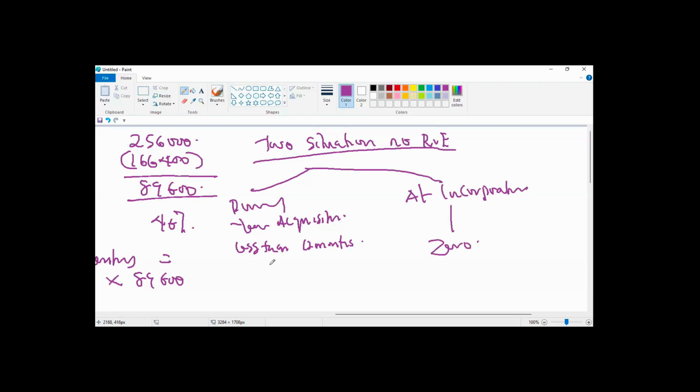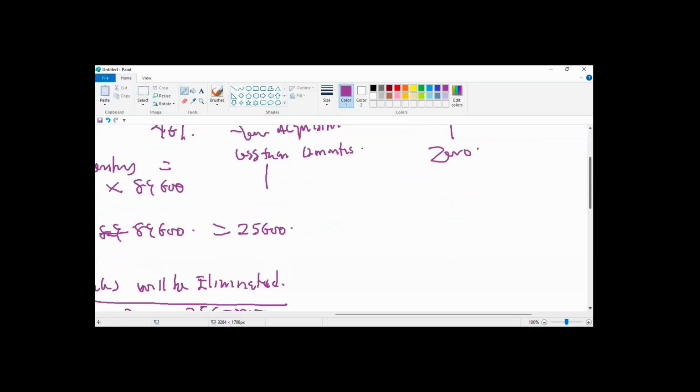So how do I get the retained earnings at the date of acquisition? I have 2 options. It's either apply the formula method. What is the formula method?